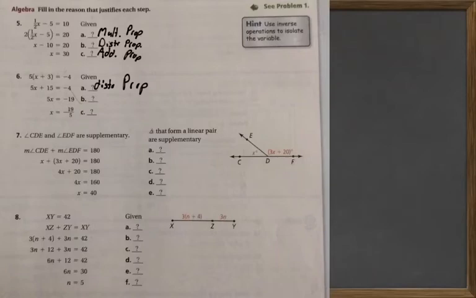And then what? Yeah, you subtract over 15. Then the last one, hopefully you can see that. That's division property.